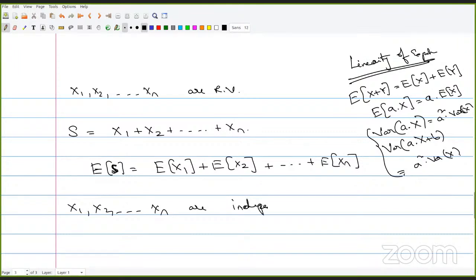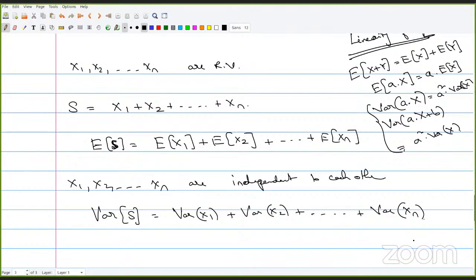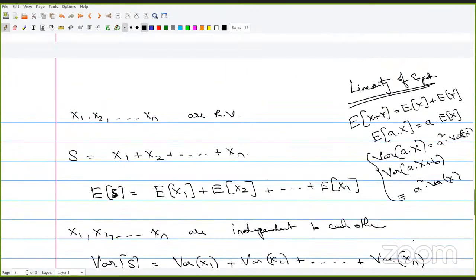If these are independent of each other, then we can talk about the variance of S, which will be the sum of each of the variances: variance of X1 plus variance of X2 plus and so on plus variance of Xn. So there is no linearity of variance if those random variables are correlated.